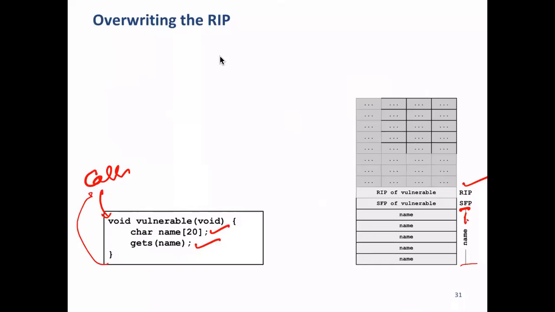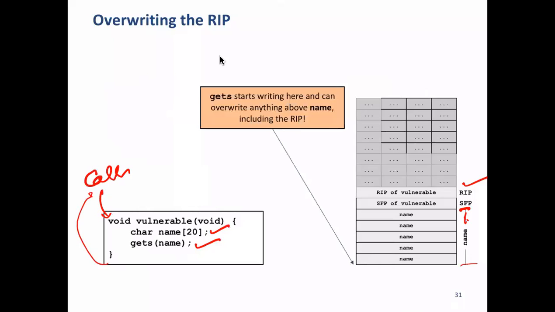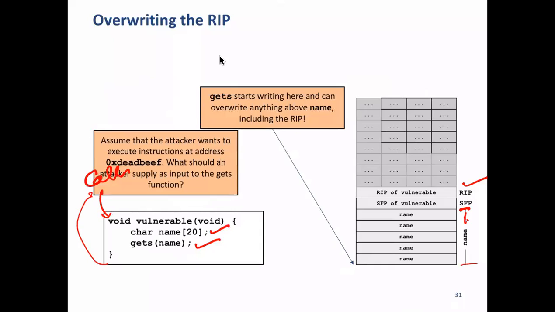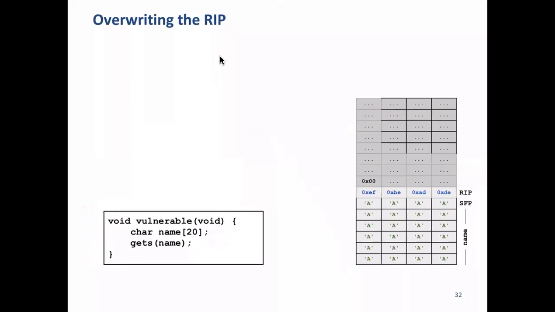Gets will start writing from here. Now the attacker wants to execute the instruction at address dead beef. Let's assume that address is somewhere here, and it wants to execute that. So it will start putting values here and put dead beef here.